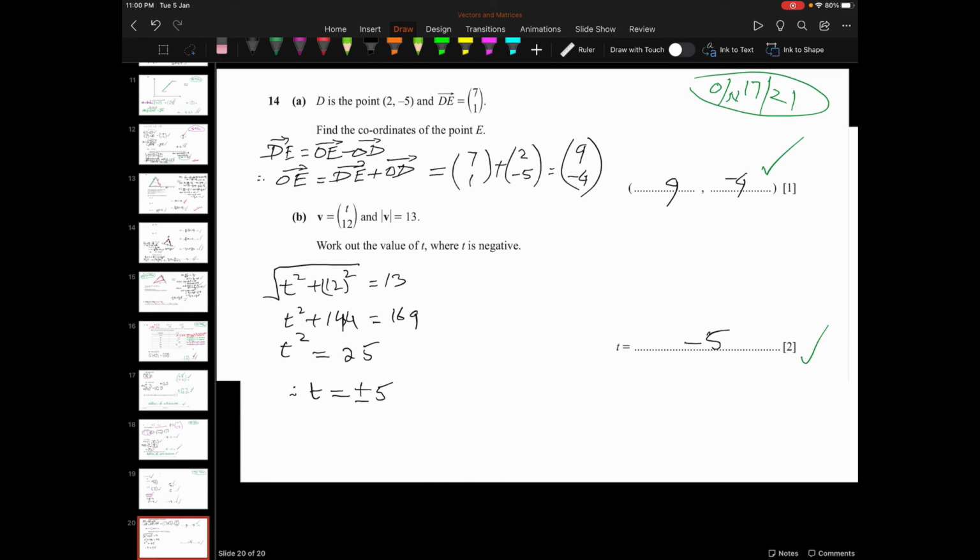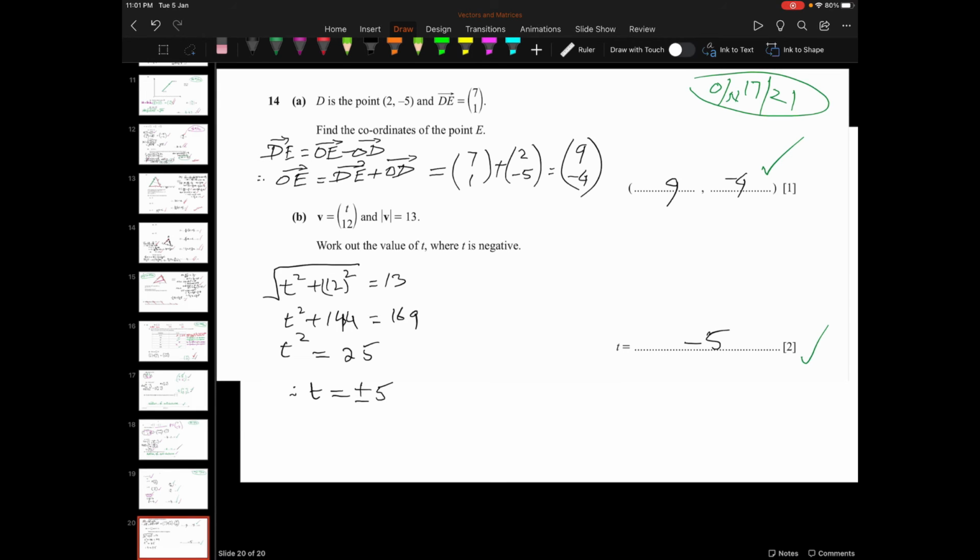In this question, D is the point having coordinates 2 and negative 5 and vector DE or column vector DE is equal to 7 and 1. Find the coordinates of the point E. We already know vector DE is equal to vector OE minus vector OD.